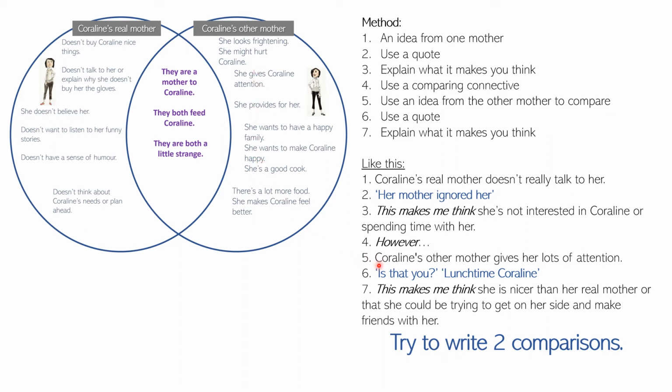Find a quotation. And what does it make you think about her? Okay. If you can write 1, great. If you can write 2, fantastic. And your proper big challenge, rock hard: can you write about how they are similar? Okay, right, pause the video and off you go.